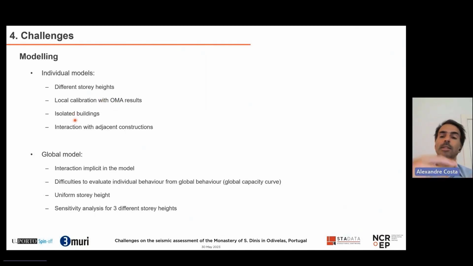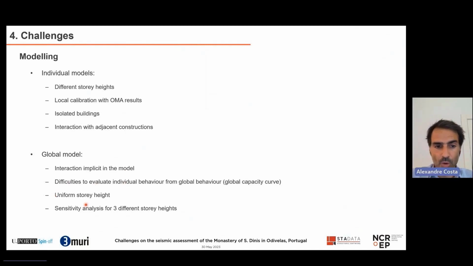But the problem is that, as they are all interconnected, the interaction with adjacent constructions is not easy to do. Then we have another approach, which was to do a global model with the interaction already implicit in the geometry, but then we have difficulties evaluating the individual behavior of each building, because we are looking at a global capacity curve.